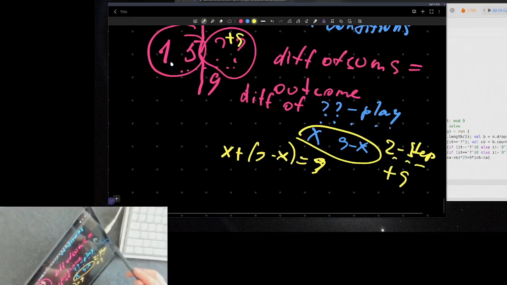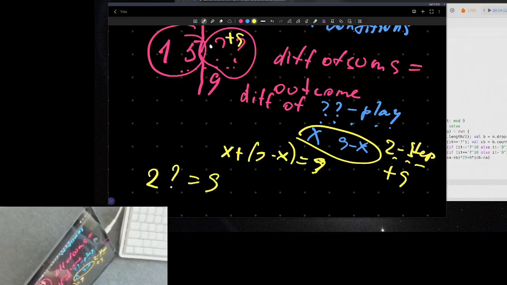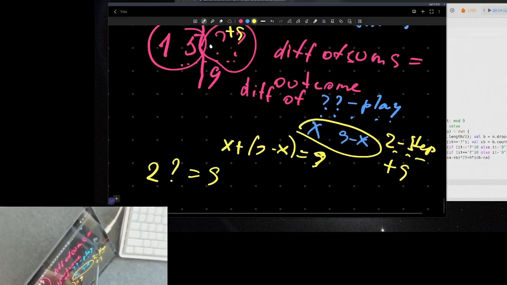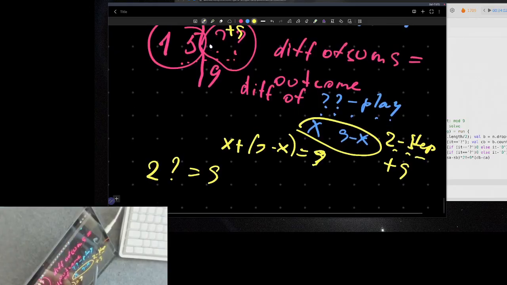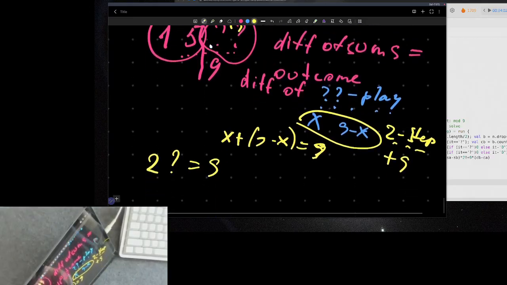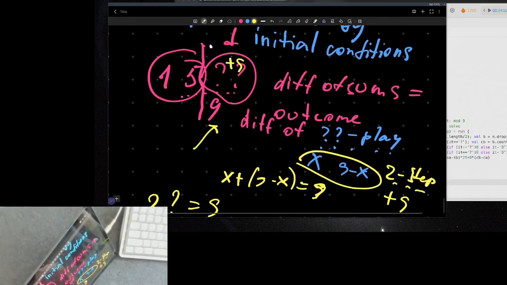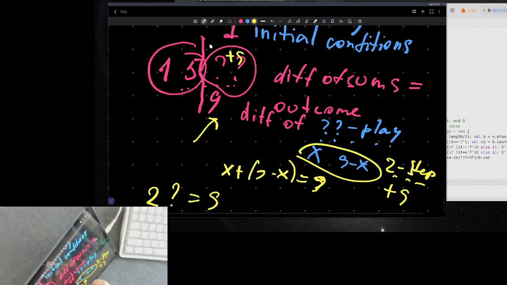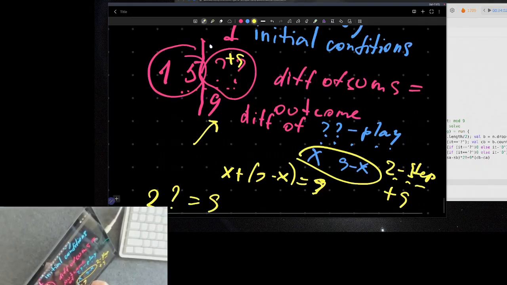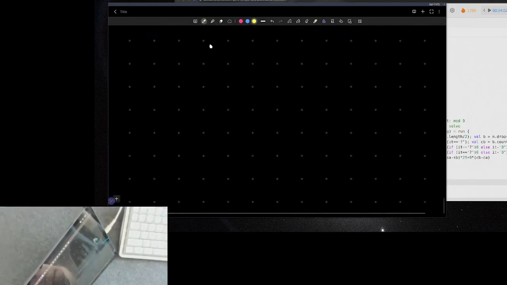And two steps means we have, for example, two question marks. That means for each two question marks we have only one 9. And this is only if all question marks are on the same side. That means we should consider this question mark annihilation.